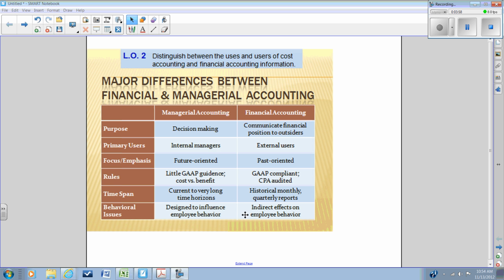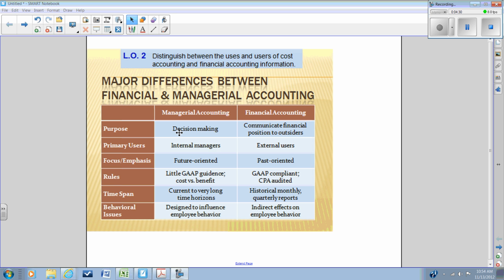And again, in financial accounting, as we spoke of, there are tendencies or at least temptations to fluff up the numbers to make it look like the financial position or performance of a company is better than it actually was. But we have the same types of issues that pop up in managerial and cost accounting, and as we go on, we'll talk about some of these behavioral issues.